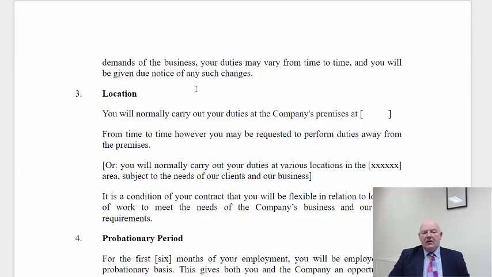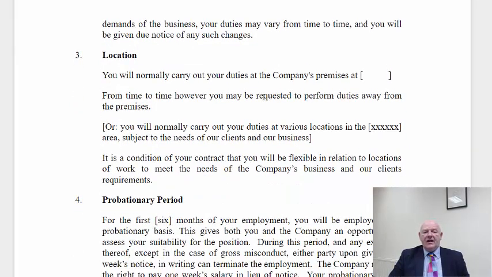The location clause, you want to stipulate or set out exactly where the person is going to be located, and you're also going to have to stipulate if they are going to have to perform their duties away from the premises from time to time. So they may have a job that will require some travel, or you may want them to travel to different branches of your business around Dublin, around Leinster, around Cork, or wherever.